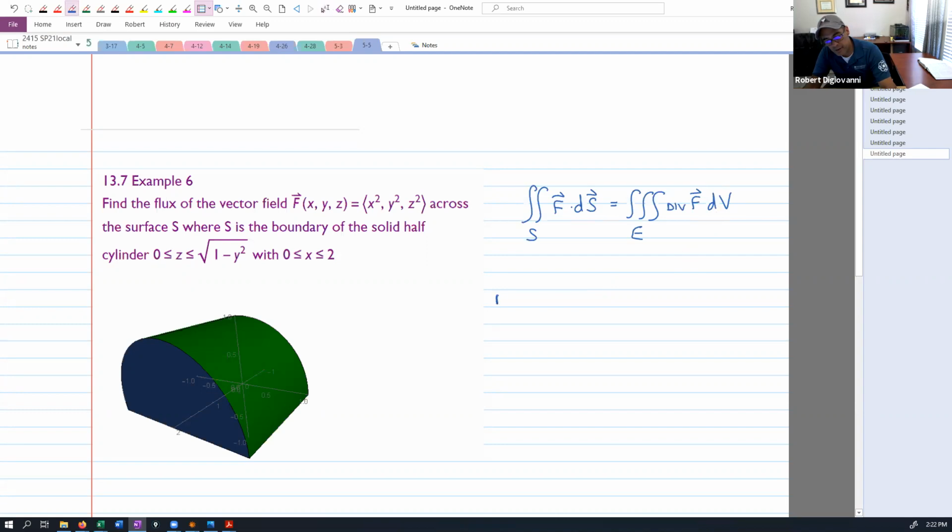So let's calculate div of F. All right, in this case, it's not as nice as the previous one, right? It's 2x plus 2y plus 2z.